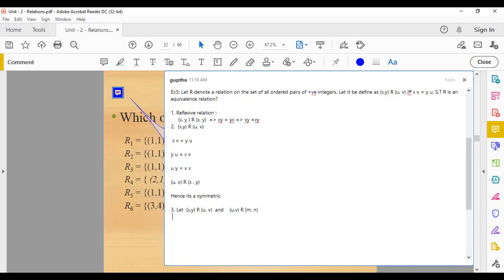As per the definition they have given, that is XV equal to YU. And the same we mention as per the definition for (U, V) related to (M, N): UN equal to VM.